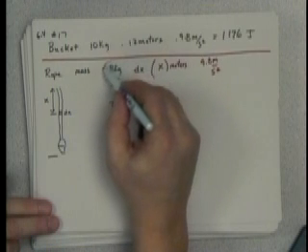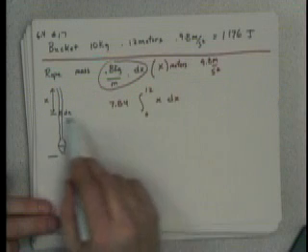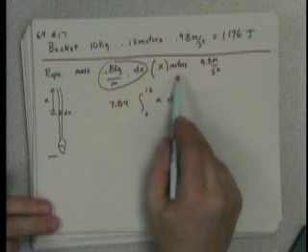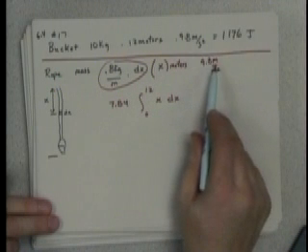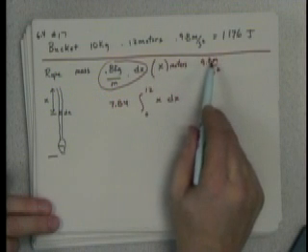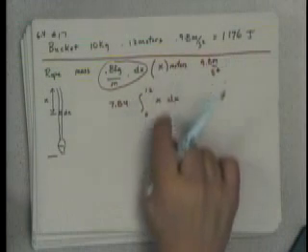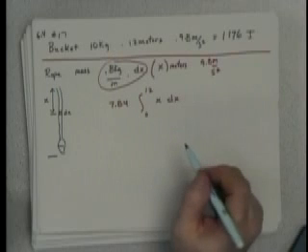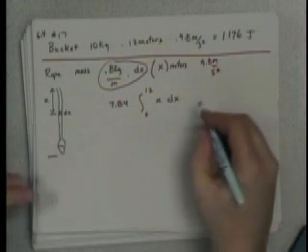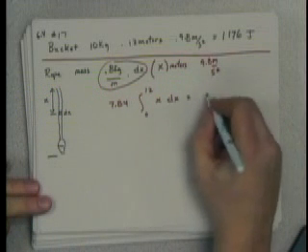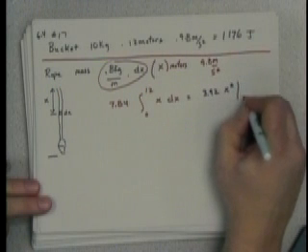Again, the 0.8 dx represents the mass of that little slice, and this x meters represents the distance. Mass times acceleration gives me the force, and force times distance gives me the work done. That comes out to x squared over 2, so it's 3.92 x squared, evaluated from 0 to 12.